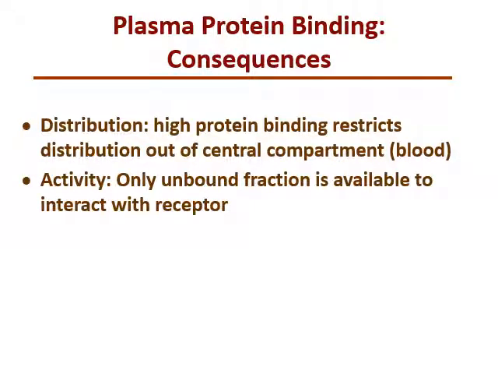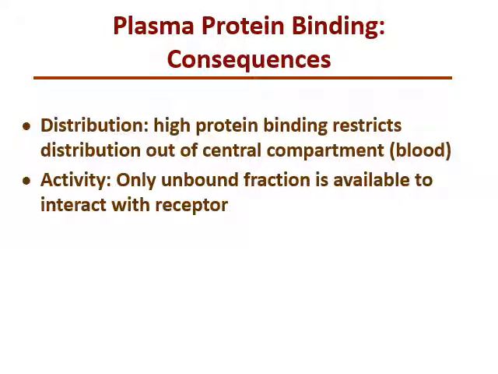The other thing to keep in mind is that, for instance, if we had an antibiotic, as long as the infection is only in the vasculature, even a drug that's highly protein bound wouldn't matter. It's working inside the blood, it would be fine. However, even in that case, it's only the unbound fraction that is available to interact with a receptor.